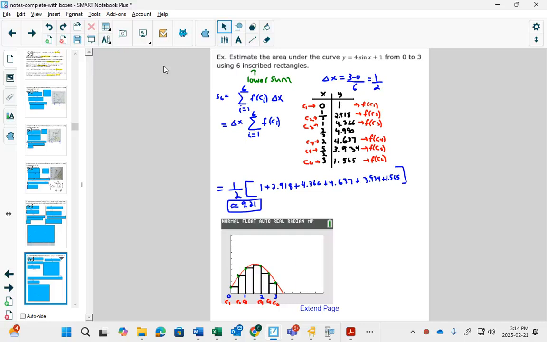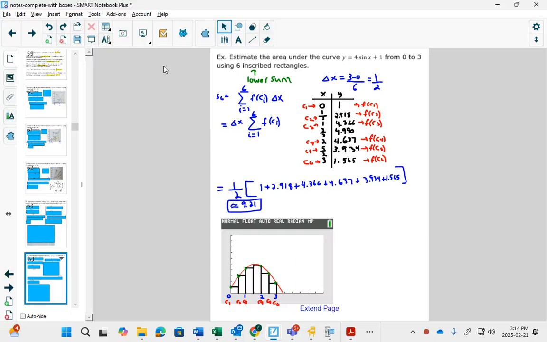Then between a half and 1, this one's lower. Then between 1 and 1 and a half, this one's lower. But between 1.5 and 2, now 2 became lower than the 1.5. So to make it inscribed, to make it the smaller ones, now we start choosing the right-handed ones. So it's like in every interval, we chose the smaller one of the two. Does that make sense? Of why there's that skip in between.